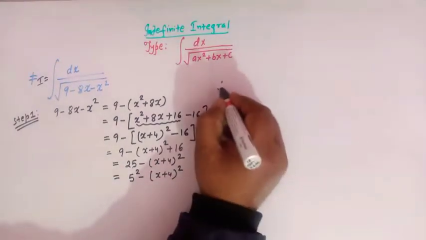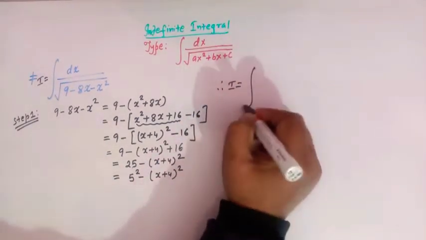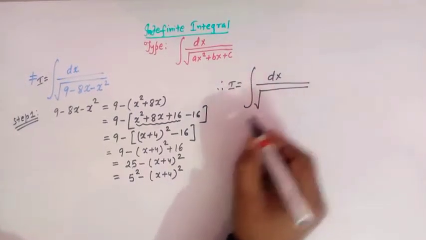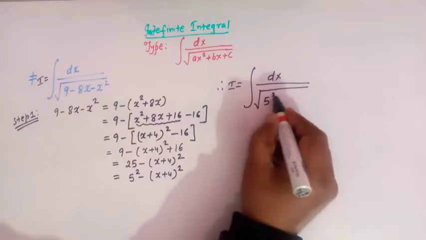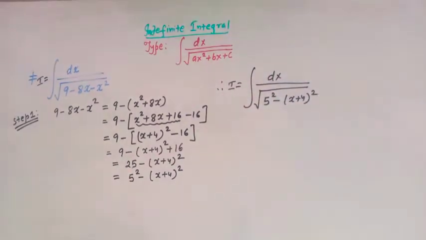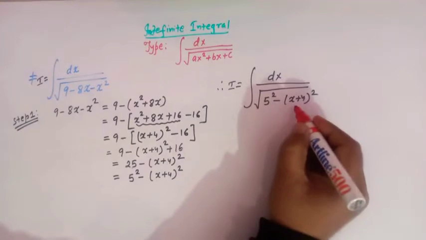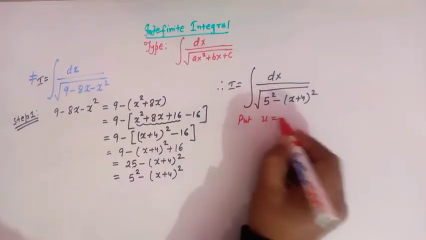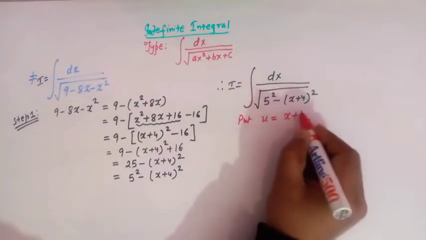Now I can be written as integral dx over square root of 5 square minus x plus 4 whole square. Here we'll make a small substitution, and we'll put say u is equal to x plus 4.